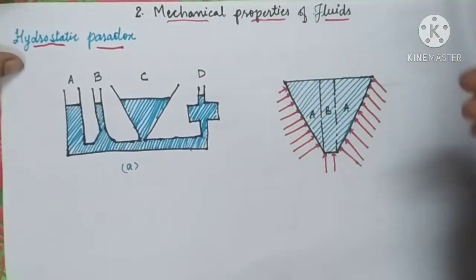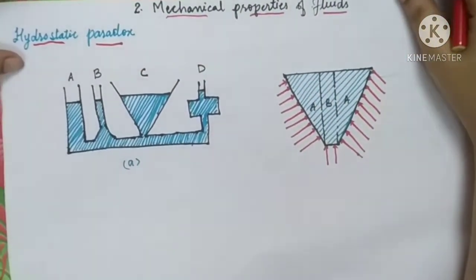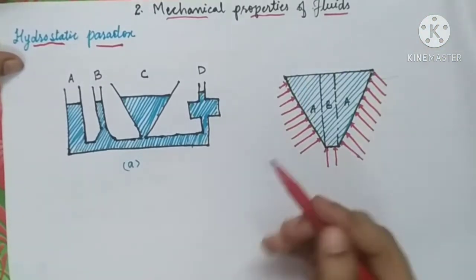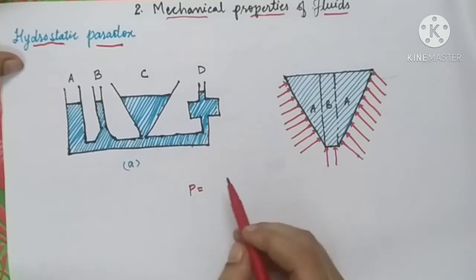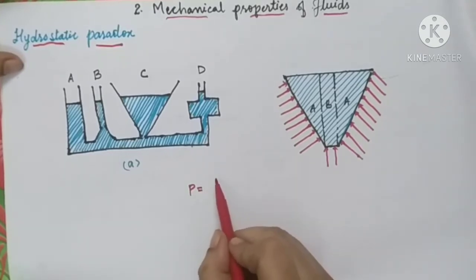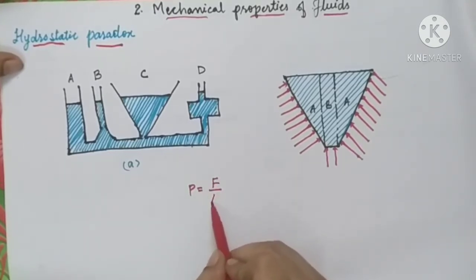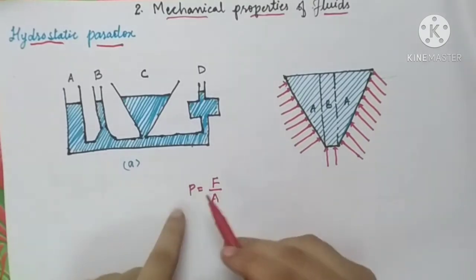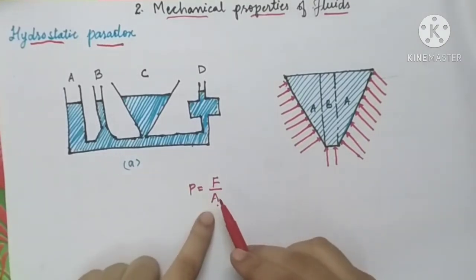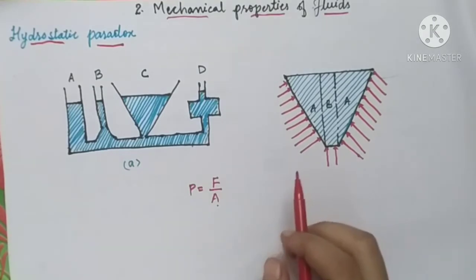In the last lecture we have already seen that the formula for the pressure exerted by any liquid is force per unit area. From this equation, we come to know that pressure and area are inversely proportional to each other.